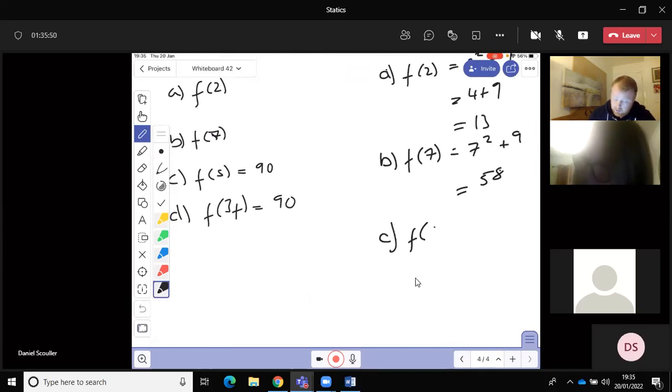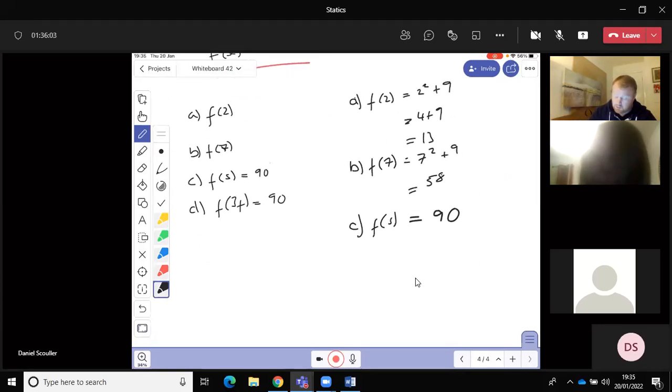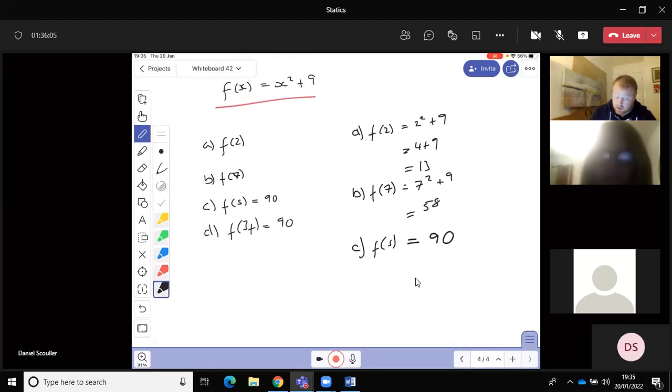Sometimes they'll say for that expression, f(s) equals, or f in another letter equals that. All they're looking for you to do is write that expression out, but with s in place of the x.